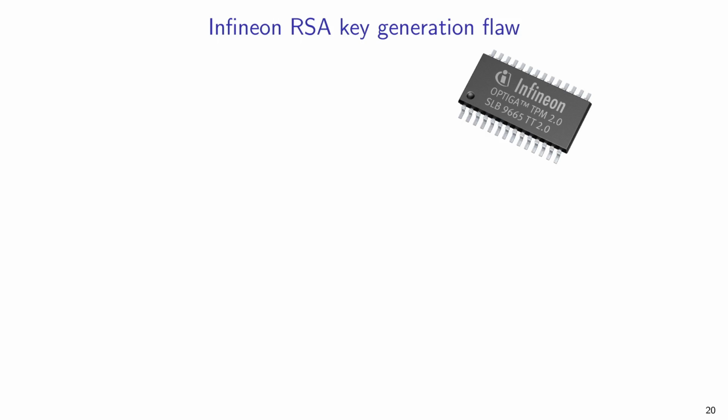Among other things, they are producing highly certified security chips that can perform cryptographic operations. In 2017, it was discovered that the RSA key generation algorithm implemented in these chips had a fatal flaw that allowed the factorization of the private key. And this was a huge deal, because the affected Infineon chips were used all over the world in computers, hardware security modules, and smart cards.